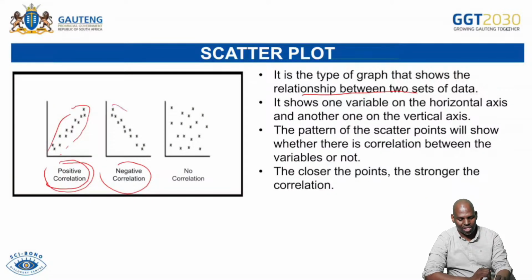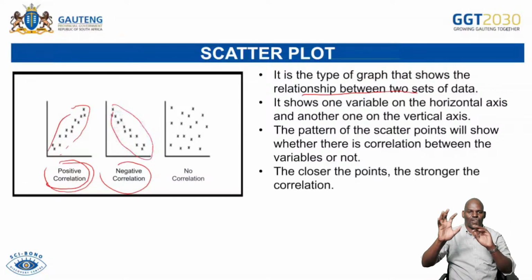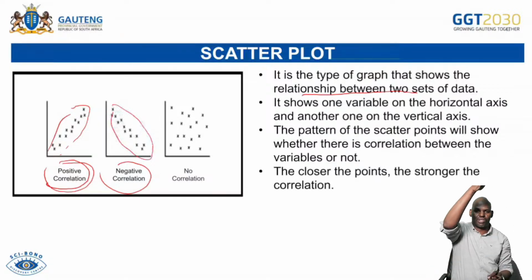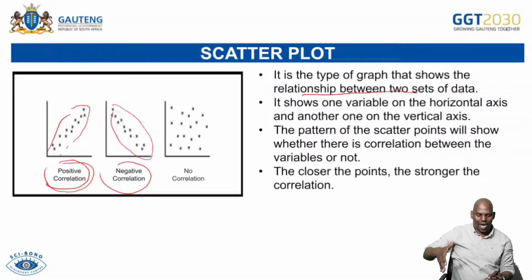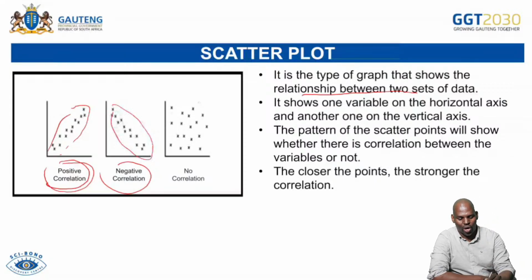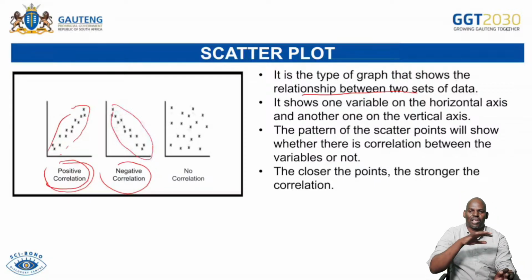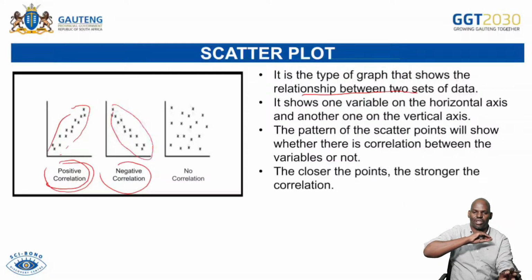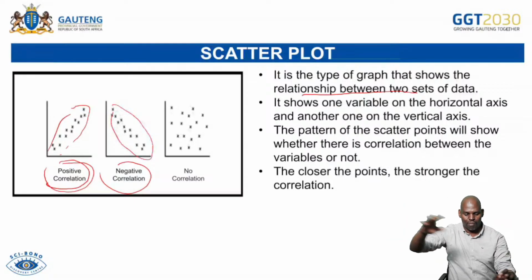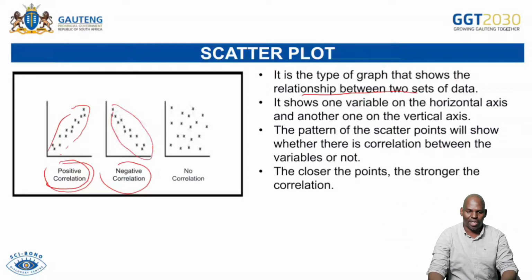With the negative correlation, even though they are scattered, they give you a picture that they are decreasing. While with this one, even though they are scattered, they can't give you a certain direction. They can't indicate in which direction they are moving because we say there's no correlation.